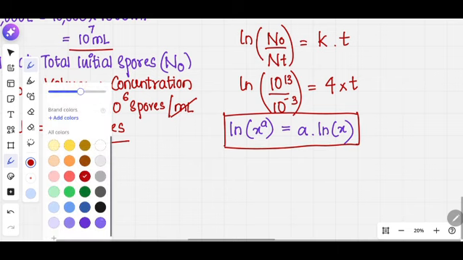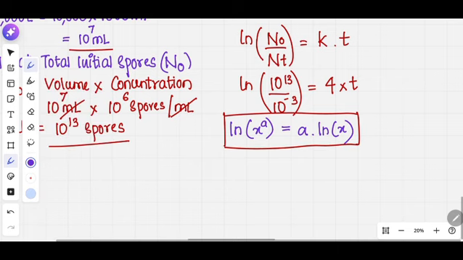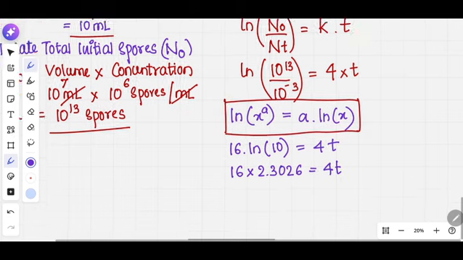Next, this can be written as 16 ln of 10 equals 4 into t. So 16 into ln of 10, and ln of 10 is 2.3026, is equal to 4 times t.